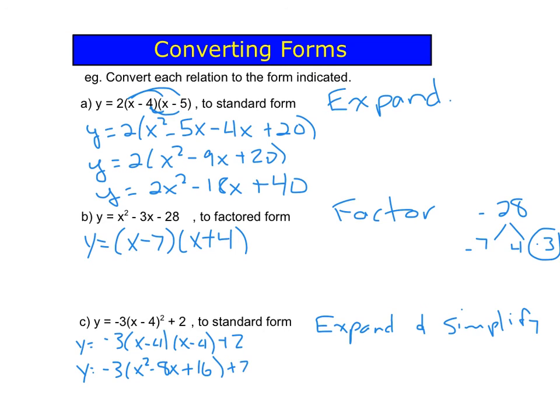plus 2. Okay, now distribute the negative 3 through the bracket. So y equals negative 3x squared plus 24x minus 48 plus 2.